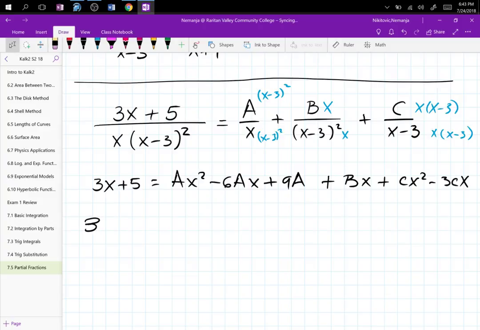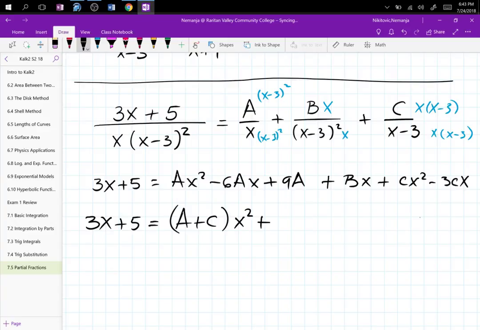So 3x plus 5 is equal to, now x squares, I have a plus c times x squared. So a plus c are the coefficients of x squared when you factor out x squared. Now for x, I have negative 6a, I have b, and I have negative 3c.